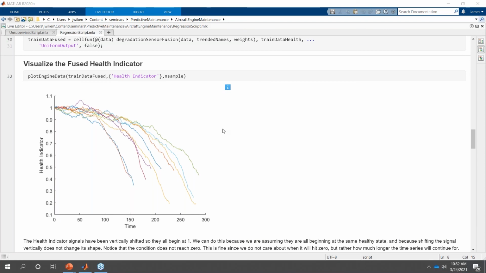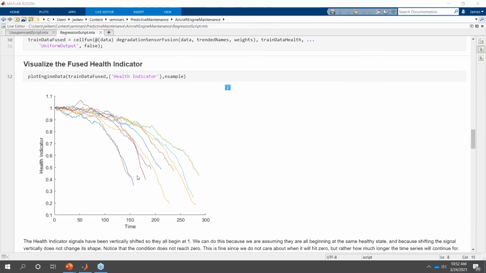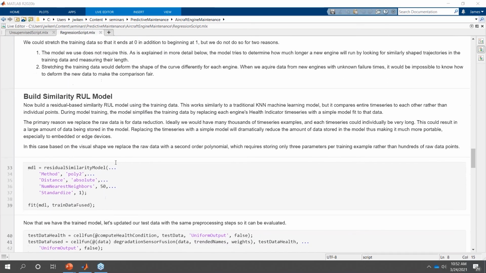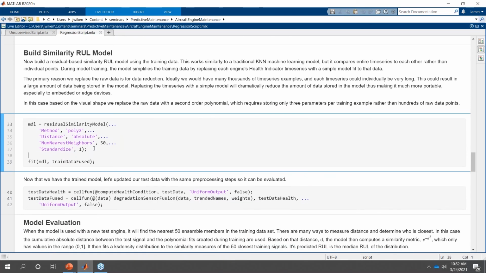All right, so let's take the health indicators, and we're actually going to build our remaining useful life estimator at this point. To do this, we're going to use that residual similarity model, and this works in a very similar way as K nearest neighbors does.